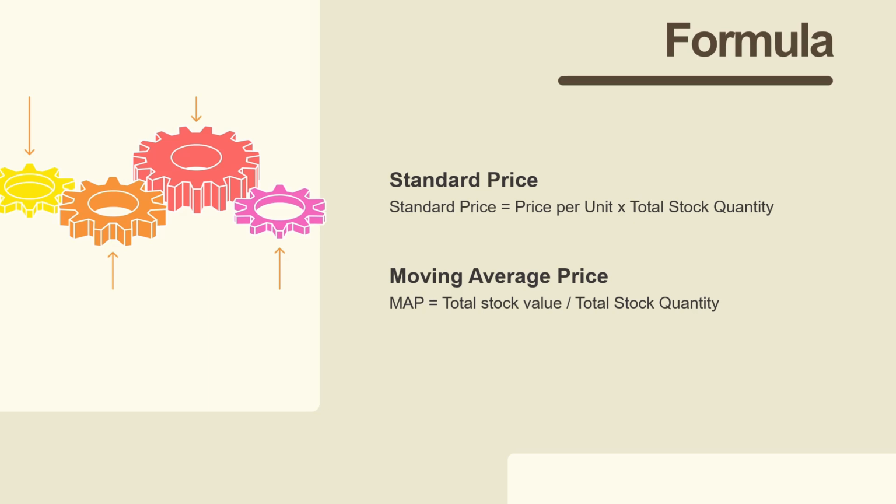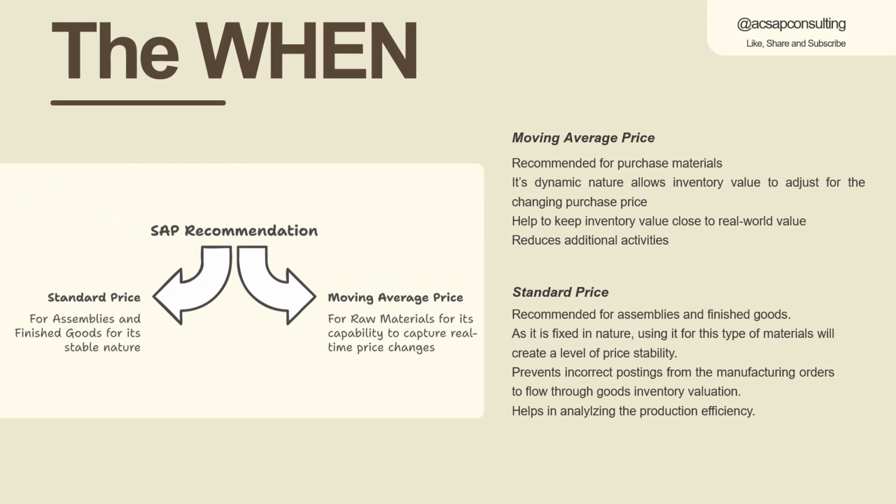So the total here is going to be the average of that, which is 1000 plus 2000, which is 3000, divided by 10 plus 10, which is 20, ultimately resulting in 150 per unit, and multiplied by the total quantity, which is 20 units. So it is 3000. So that is the difference between how a standard price is calculated and how a moving average price is calculated. So when are these prices recommended?